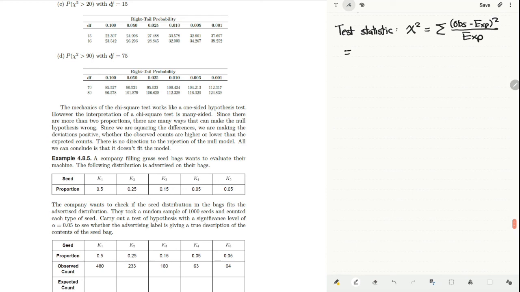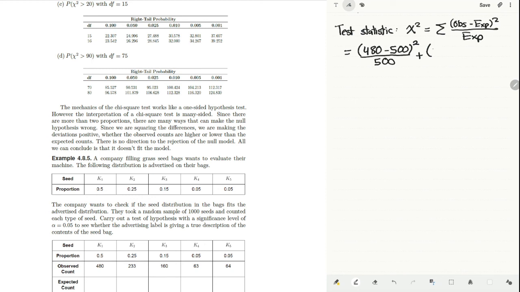For the first type of seed, we have an observed count of 480 and we expect 500. So we take 480 minus 500 squared and divide it by the expected, which is 500, and then we add this to the same calculation for seed 2.